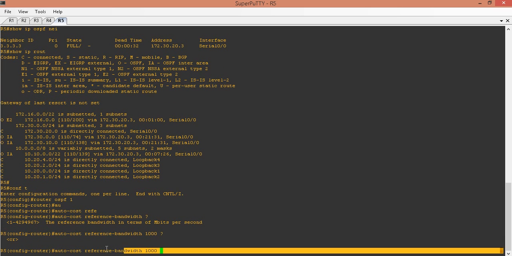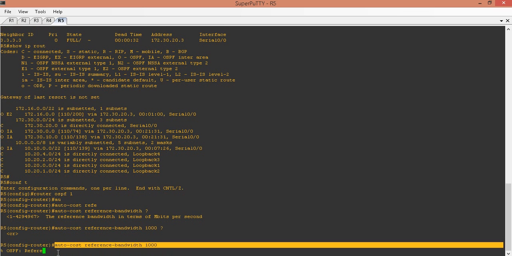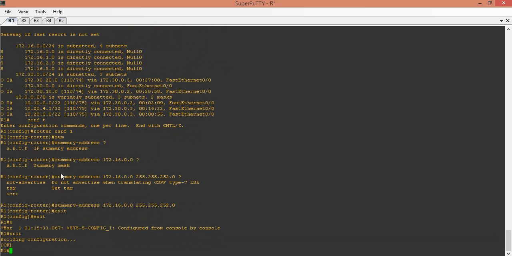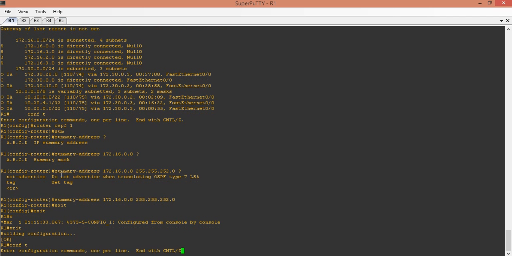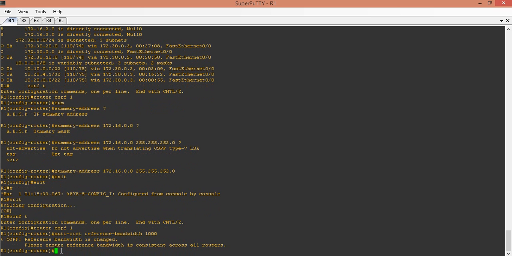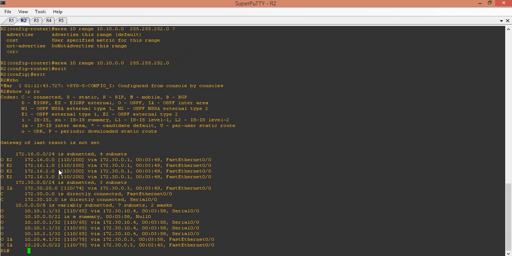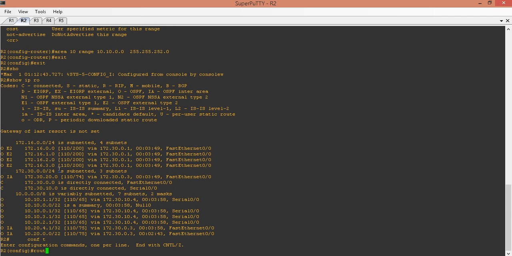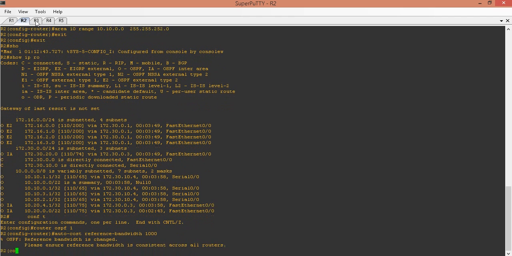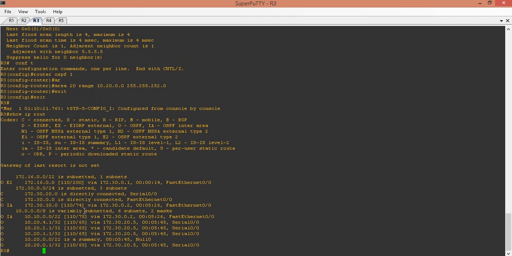Good. So I will copy this. See, OSPF reference bandwidth is changed. Please ensure reference bandwidth is consistent across all routers. I'm going to router 1, go to router OSPF 1, and paste that. Then router 2: global configuration mode, router OSPF 1, and change the bandwidth cost.